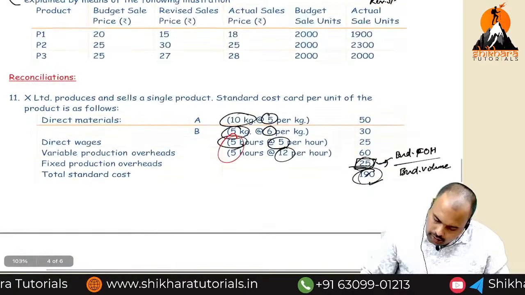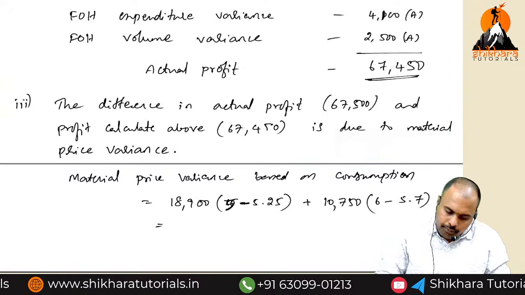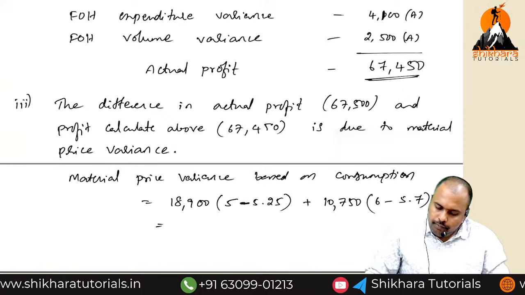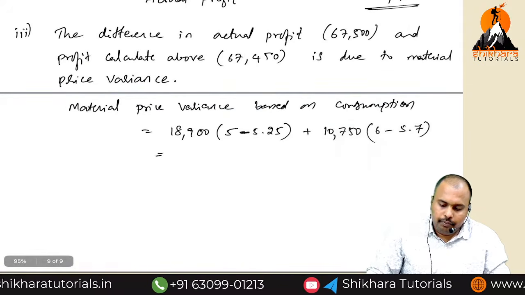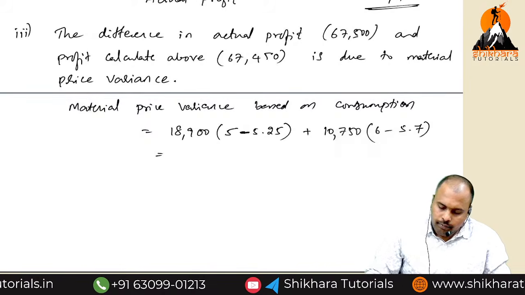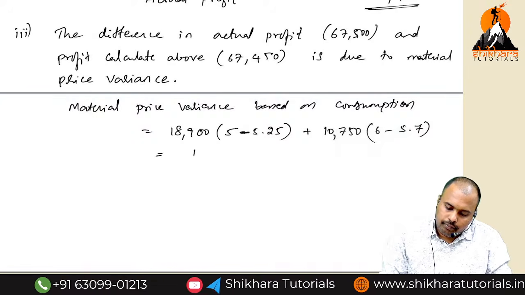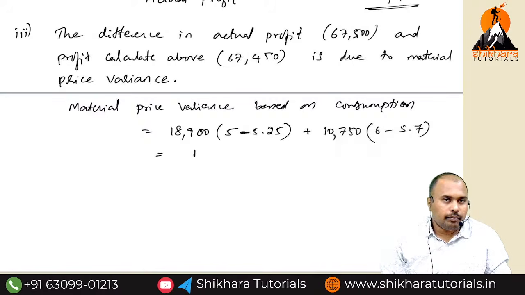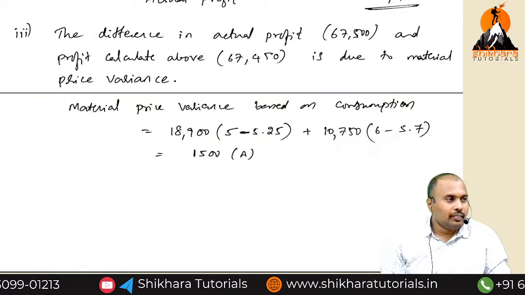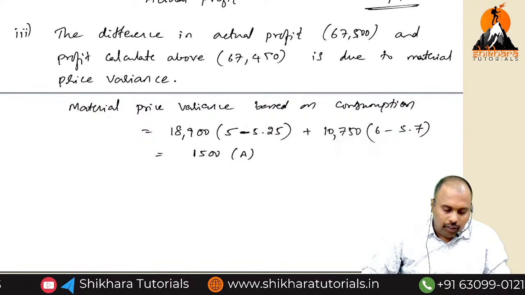Okay, that is okay, 10 kg at a rate of 5 rupees. Sorry, here it has to be 5. So how much it has to be then? $1,500 adverse. There we got 1550 adverse. Additional 50 we got. Understood, right?